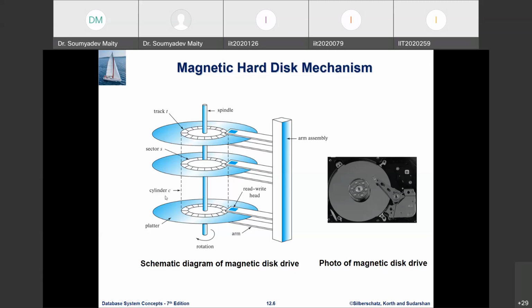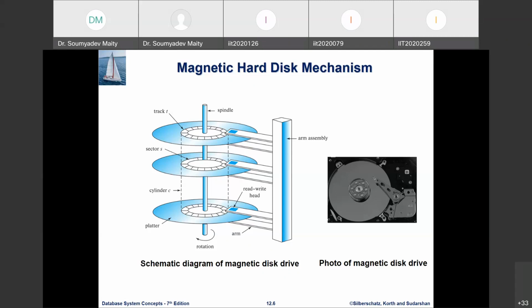Another term you can see here is cylinder. What is a cylinder? The collection of all the tracks with the same index. For example, if this is the third innermost track in this platter, then the third innermost tracks on all the platters, on both sides, the collection of all such tracks is called a cylinder.